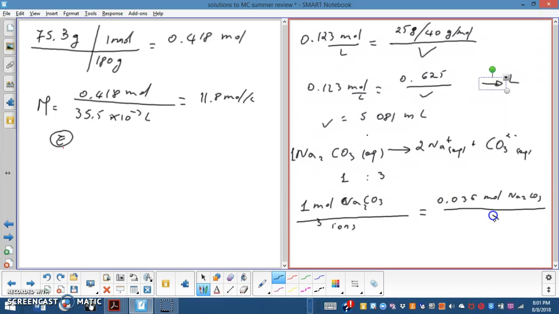So what is the moles of ions at this point, the concentration of ions? So you solve, and this is 0.108 concentration of ions. Which is your choice? B. And we're done with this.